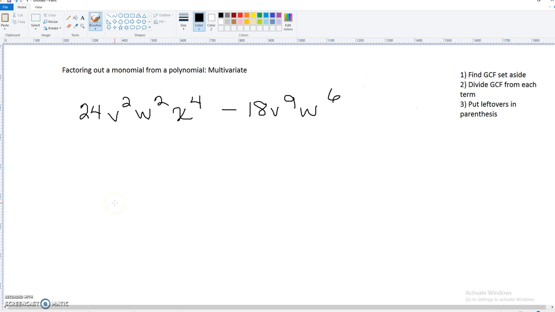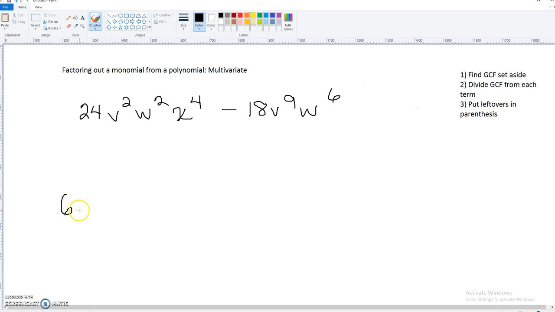So remember that's looking for the greatest number that can divide into both, and they both have to have the same letters, and we pick the one with the smaller exponent. Looking between 24 and 18, the biggest number that can divide into both is going to be 6.